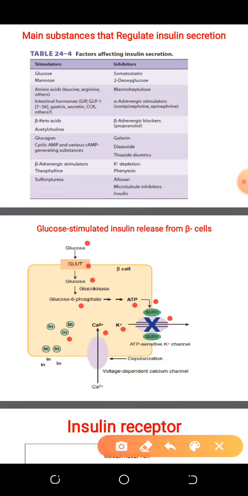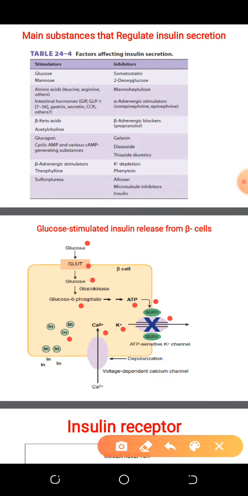Okay, so this diagram just shows the mechanism by which insulin is secreted from pancreatic beta cells. So if you remember, people with diabetes have insufficient insulin secretion. So any drug that can result in inhibition of the potassium channels is a very good drug for treatment of diabetes.